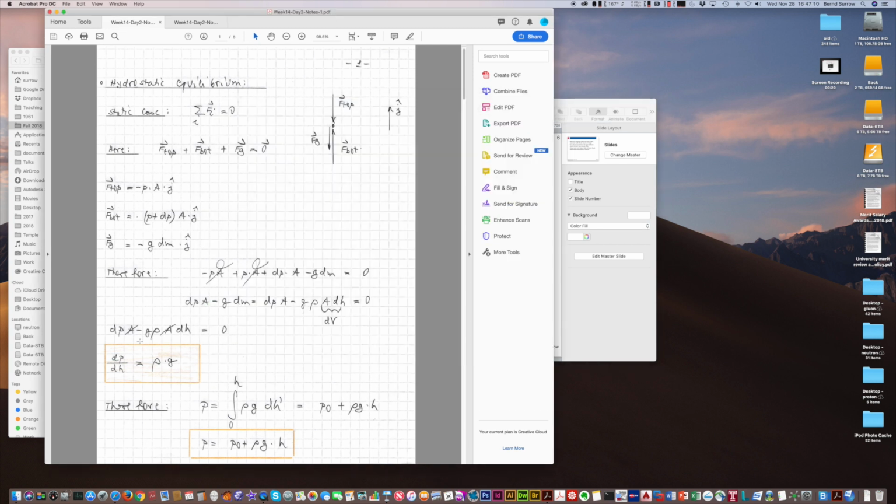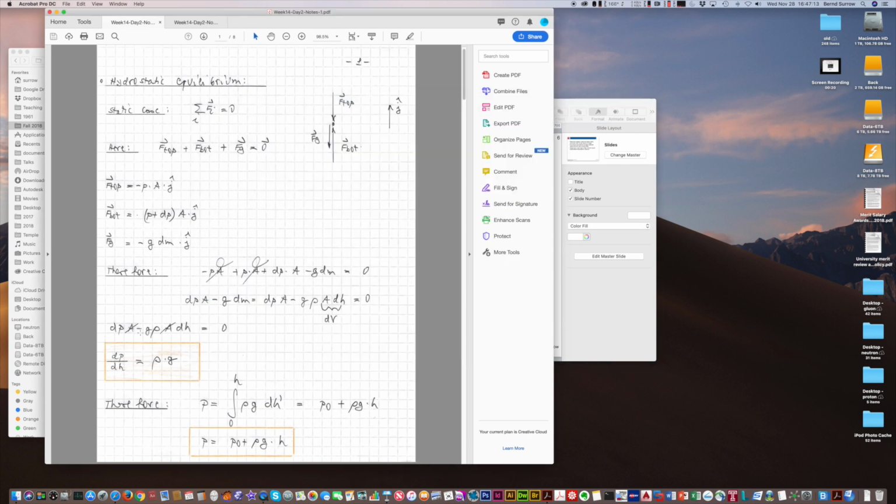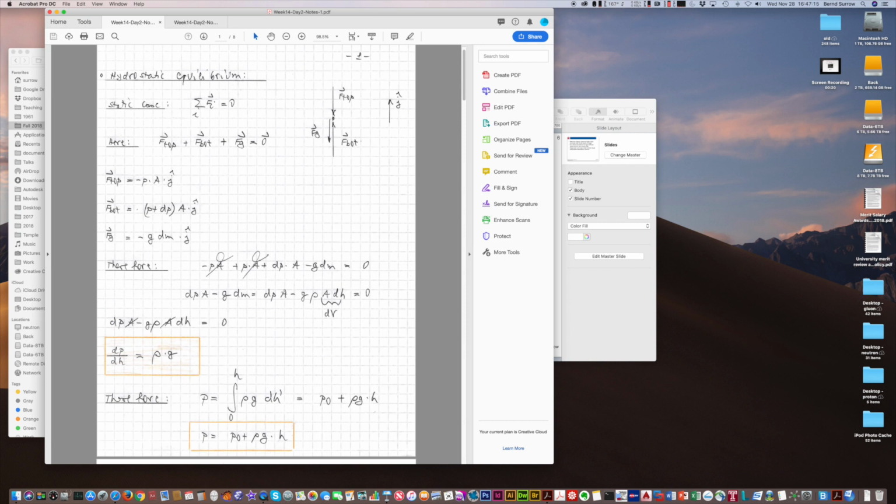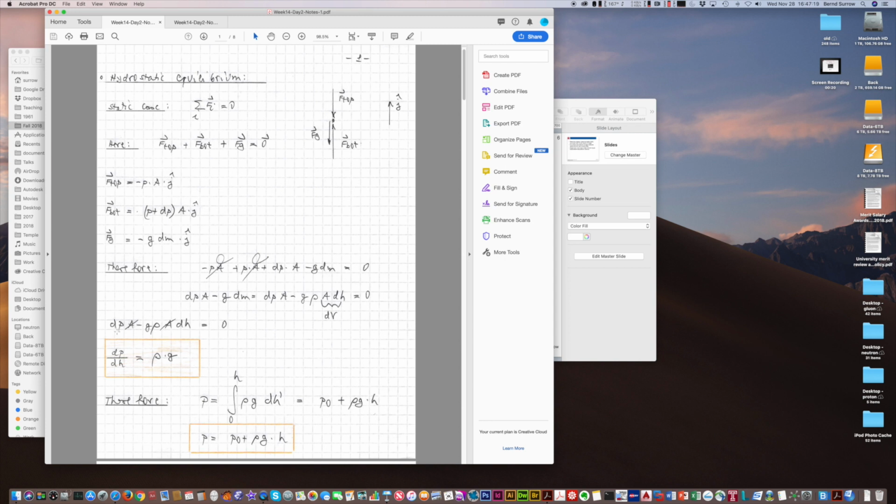Let's evaluate this further. We can cancel out the area, so you're not depending on that specific area. And then we have dP, how the pressure changes per height, equals rho times g, and that is a constant.